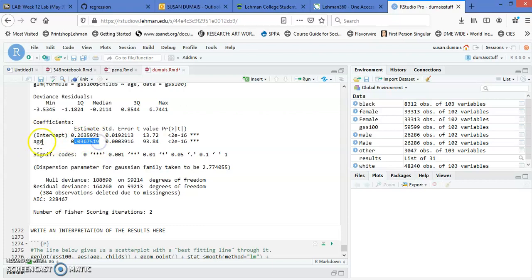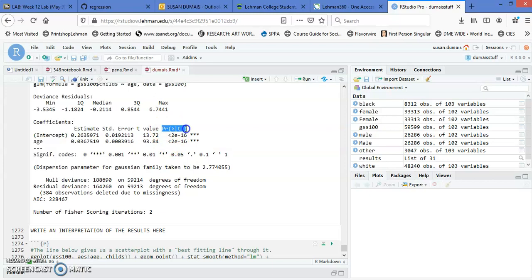For each year somebody ages, the number of children that they have is predicted to go up by 0.037 for rounding.